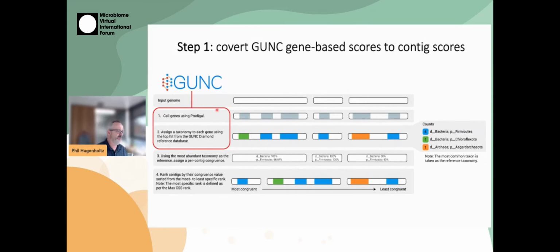And this is basically, we use the first two steps of GUNC, identify the matches on each individual contig, and then classify them against what the most common taxon is, taken as the reference taxonomy, and how divergent the contig is from that so-called clean taxonomy. So in this case here, you see that the least congruent is this contig, which contains an archaeal gene on it. So that's the least congruent, and the most congruent has a single gene belonging to the dominant reference taxonomy in the Firmicutes. So that's how that's done.